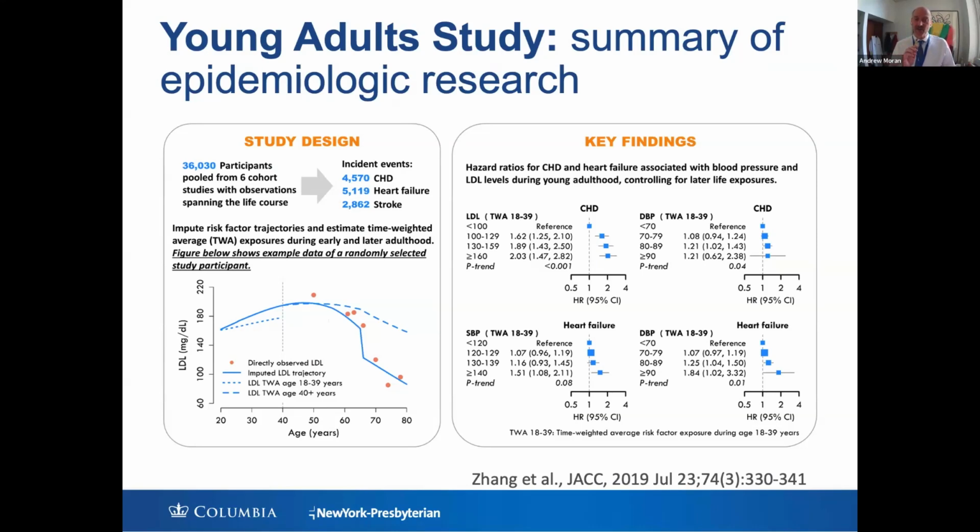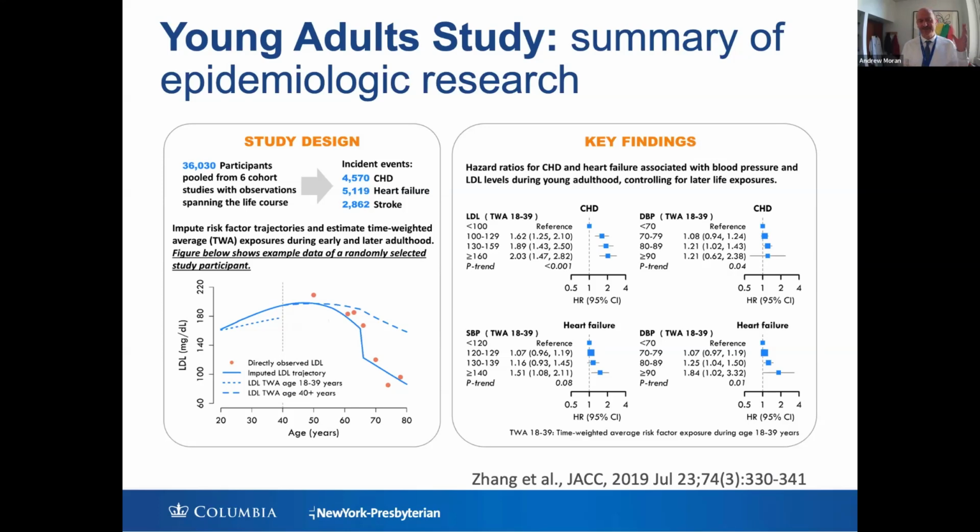The orange dots are the actual observed LDL cholesterol in this particular individual, I think maybe from the ERIC study, I can't remember, but this individual had these measurements, and you can see that there was a time point around age 60 when this person was starting the statin and their LDL cholesterol went significantly lower. And so the solid blue line is the line estimating their lifetime trajectory of LDL cholesterol.